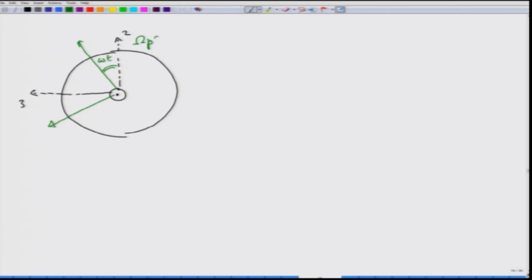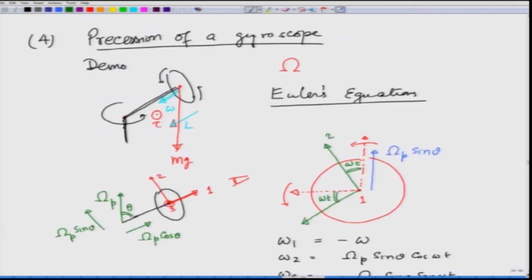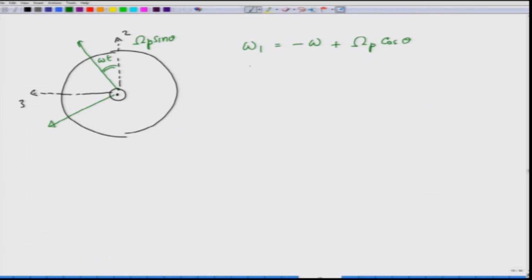Omega p sin theta is along the direction of original 2, and therefore I have omega 1, which is minus omega. Oh, I should also add the component plus omega p cosine of theta. Let us see if it is in that direction. Yes, omega p cosine theta is indeed in the direction of positive 1.